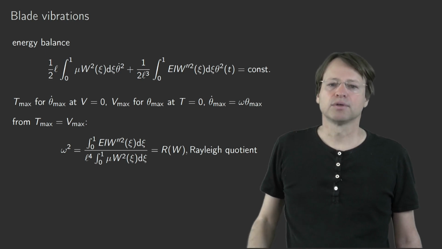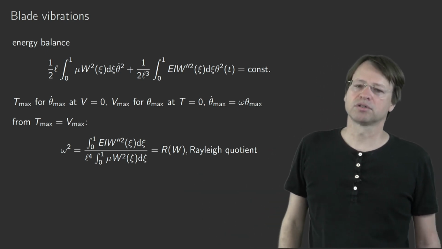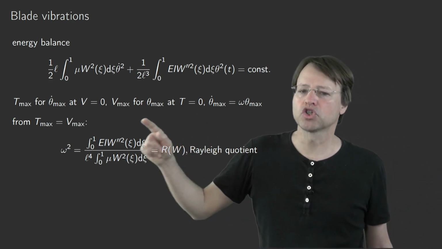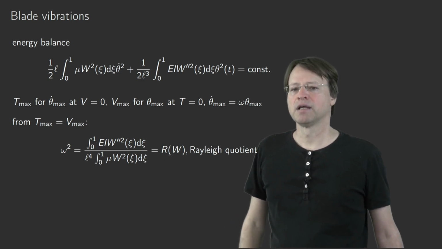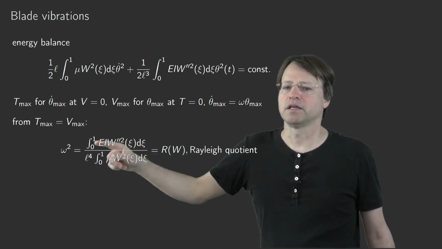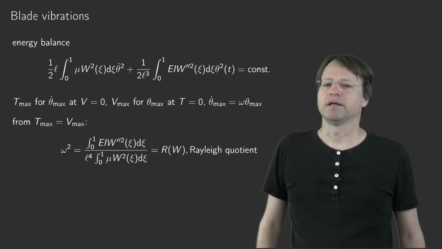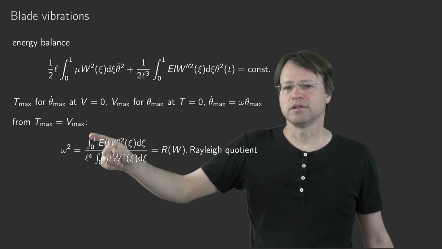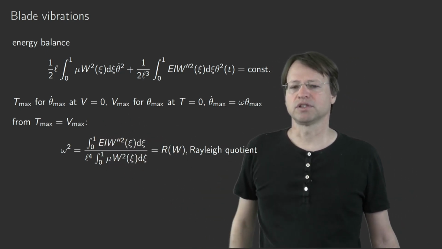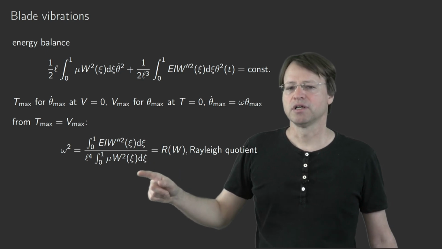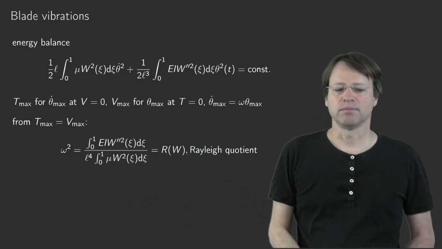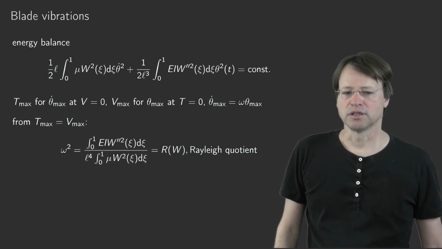Basically, what the Rayleigh quotient tells you is that once you have the mode shape, you can get the natural frequency by dividing these two integrals, the first one stemming from the potential energy, the second one stemming from the kinetic energy.